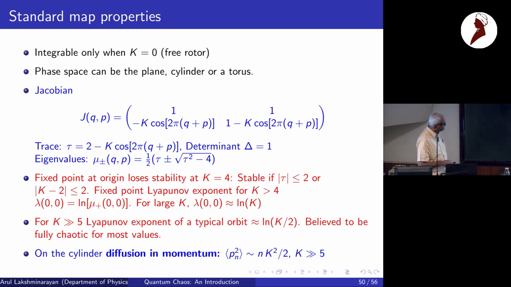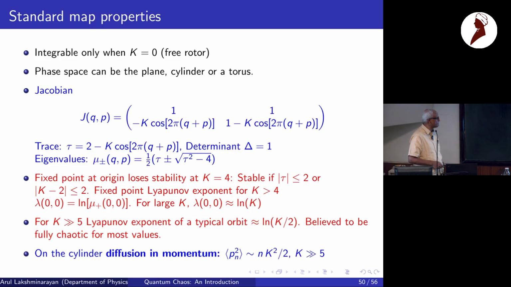In fact, if you look at the phase space as a cylinder, that is, you don't put periodic boundary conditions on the momentum, and you see what happens to the momentum as a function of time. If this parameter is much larger than 5 and the system is chaotic, it turns out that the dynamics of this momentum will look like a diffusive motion, a normal Brownian kind of diffusive motion.